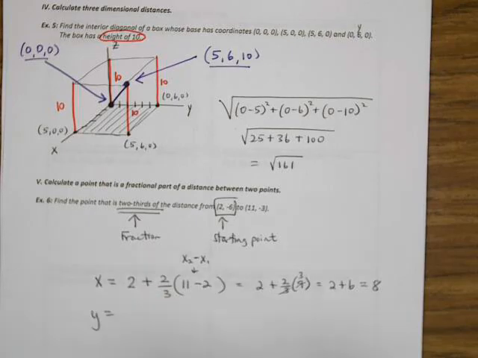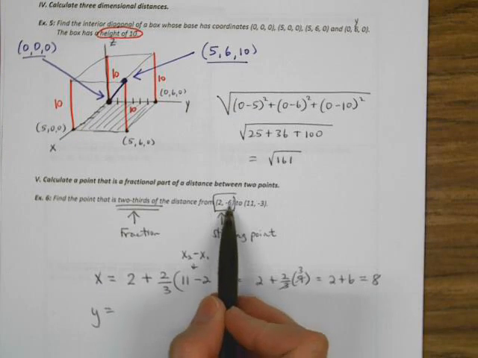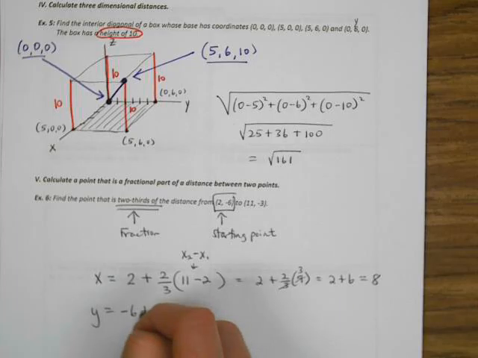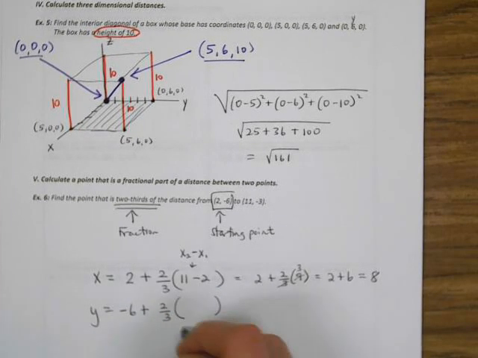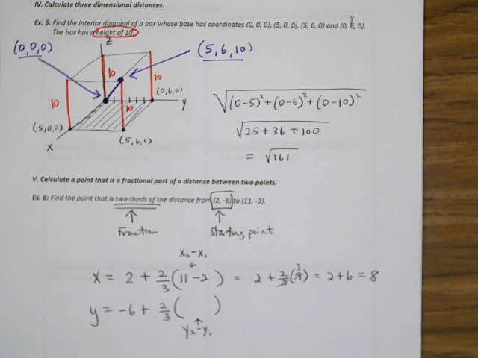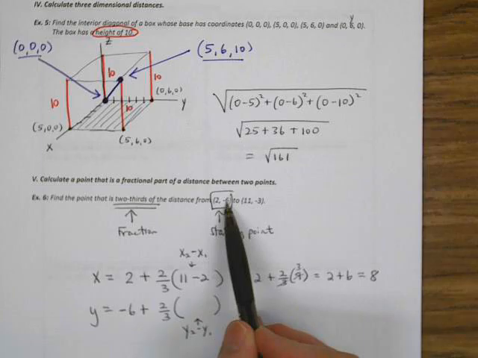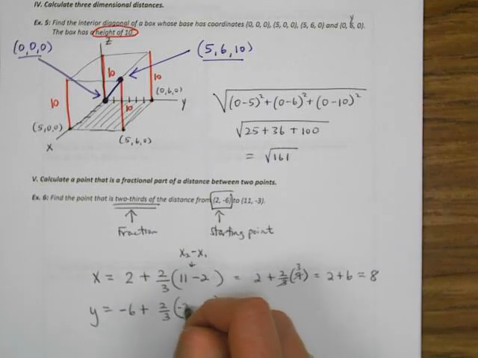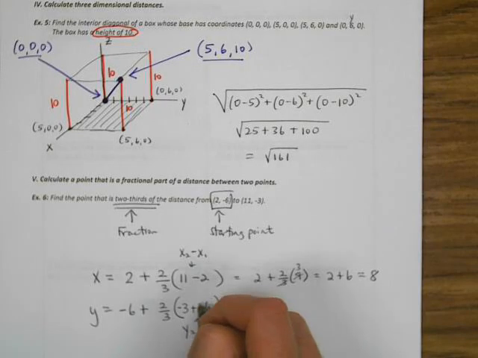To get my y value, I take the starting y value, -6, and I add on 2/3 of the y distance, which is y2 minus y1. So my y2 is -3, my y1 is -6. Watch signs, -3 minus -6, that's a plus.